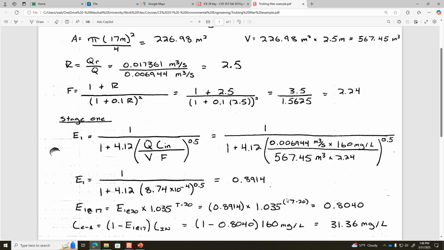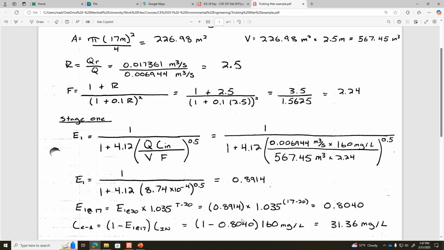So if it's colder, the bacteria are working more slowly. So that means that it's going to be removing 80% roughly of the BOD. So the concentration of the effluent from the first stage, you can see, is 31.4 milligrams per liter, because our incoming concentration was 160 and it's removing 80.4%.